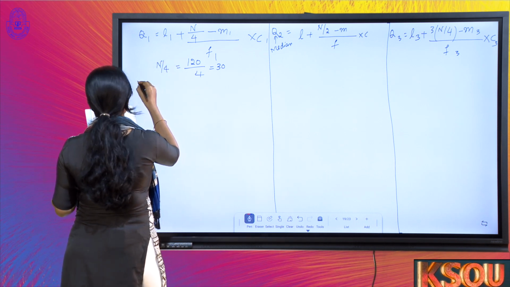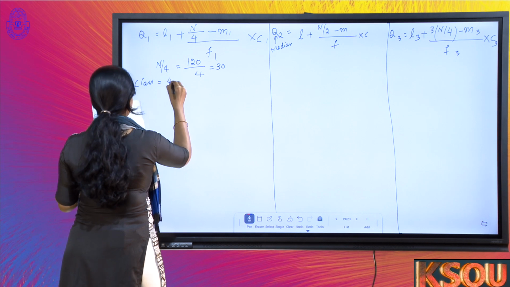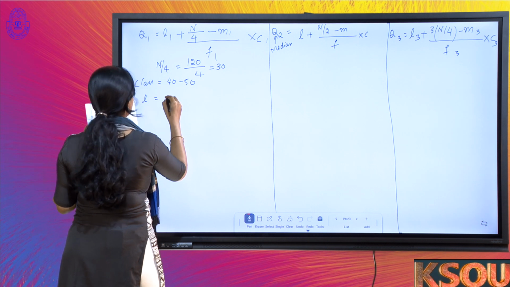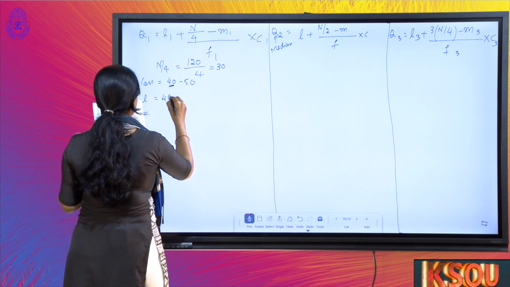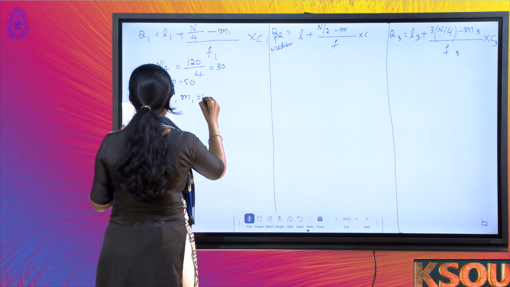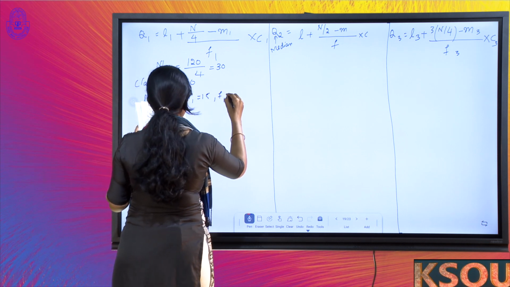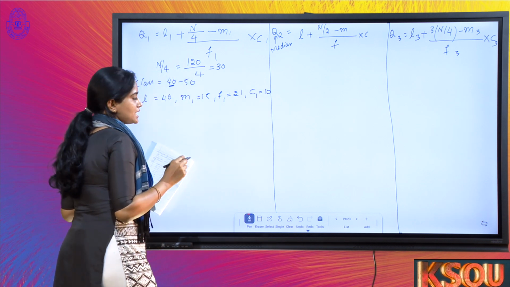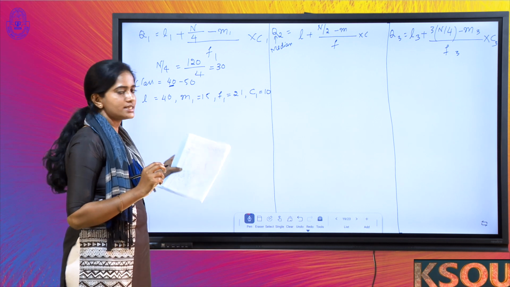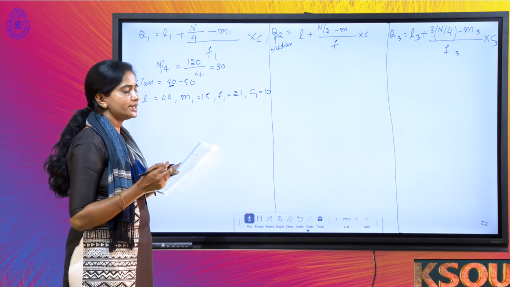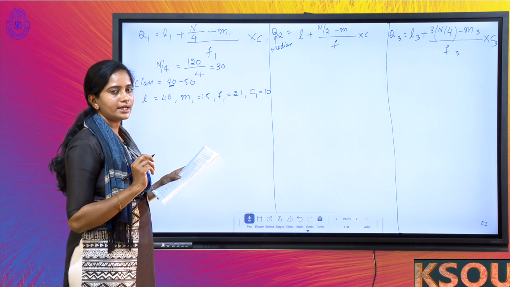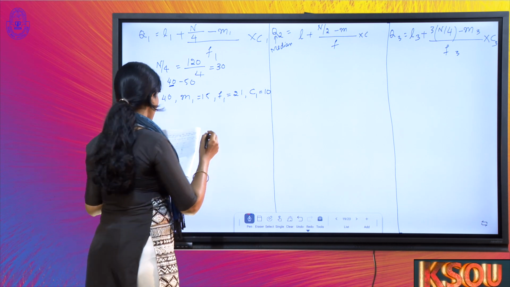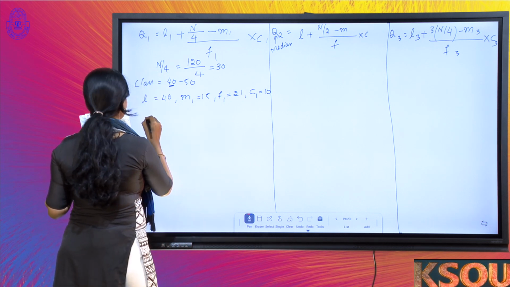So, take the class 40 to 50, then L is the lower limit, that is 40, M1 is the preceding frequency, that is 15, F1 is the corresponding frequency 21 and C1 is 10, because the class interval size is 10, meaning you have 10 to 20, 20 to 30, 30 to 40, right. So, the difference between class intervals is 10. After that you can calculate the values here.